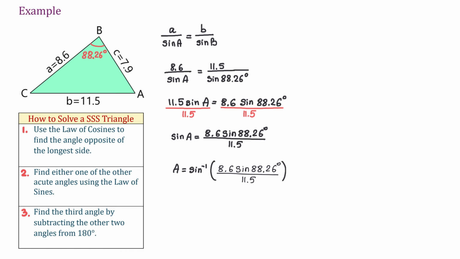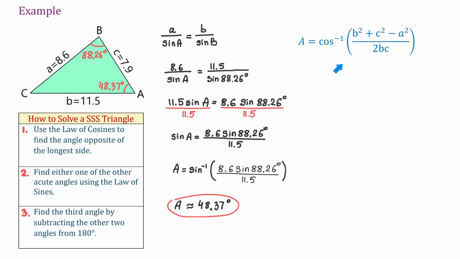And again have the calculator in degree mode, then A will be approximately 48.37 degrees. So now we have angle A and it is 48.37 degrees. Another alternative for step 2 is to use the law of cosines. Here is the formula, and one disadvantage is that this formula is a little bit more complex than the law of sines.